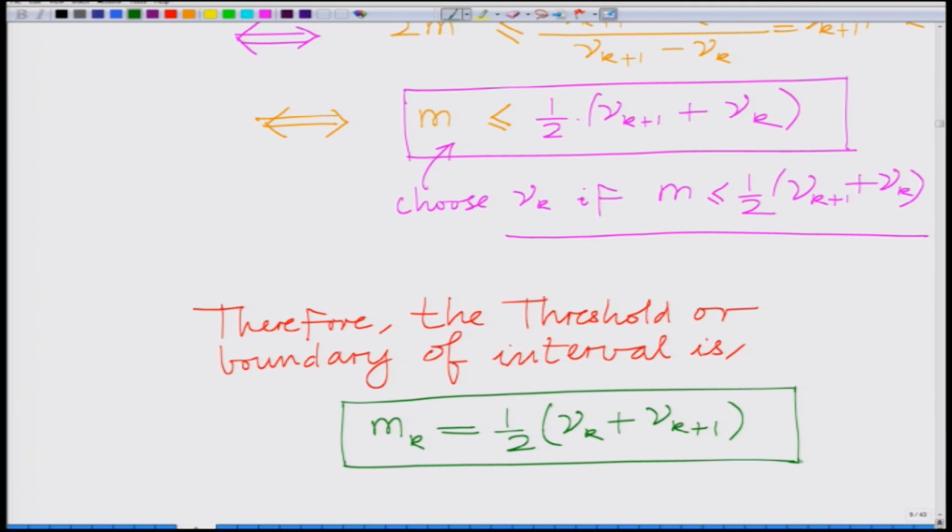Alright. So now, given these quantization levels, you can find the optimal boundaries of the quantization intervals.